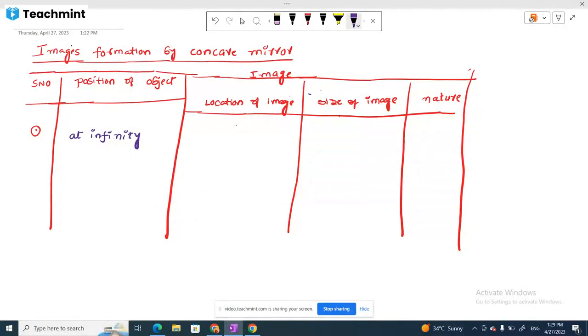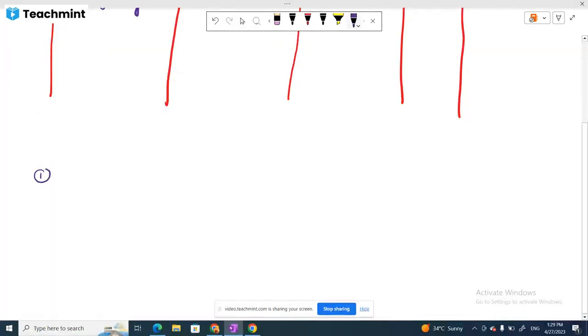For that, I can do the ray diagram. Ray diagram for the object at infinity. We need to find the location of the image. So draw the concave mirror.